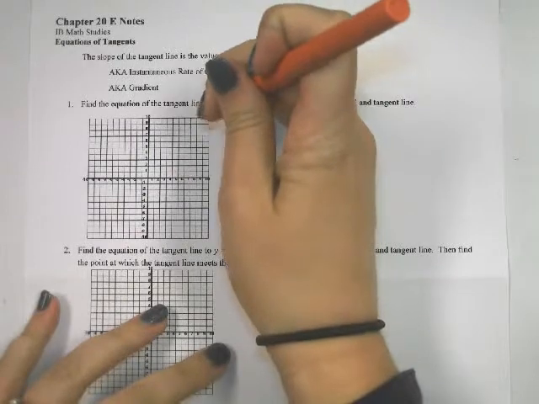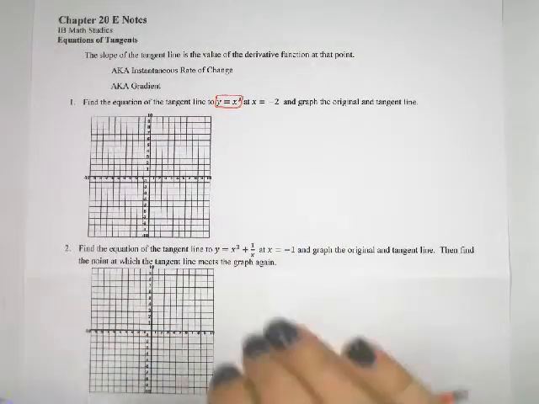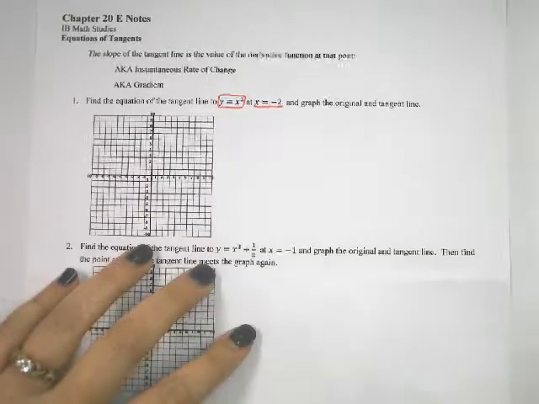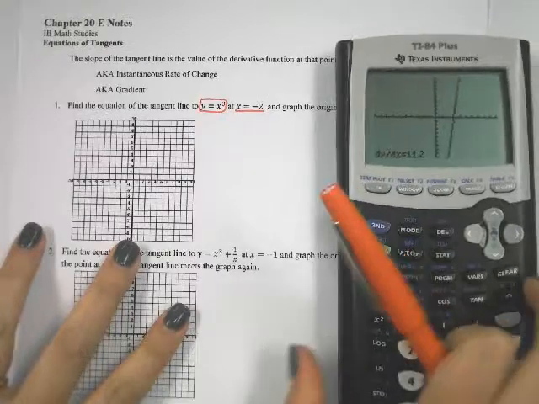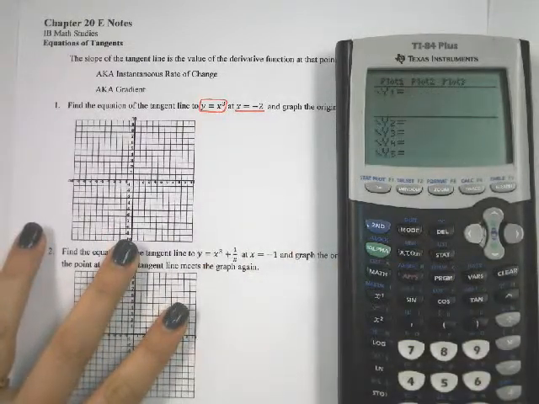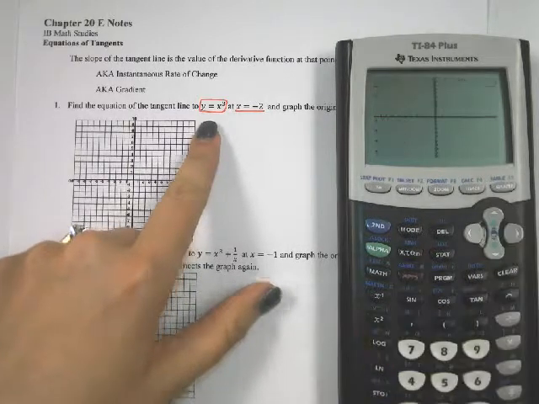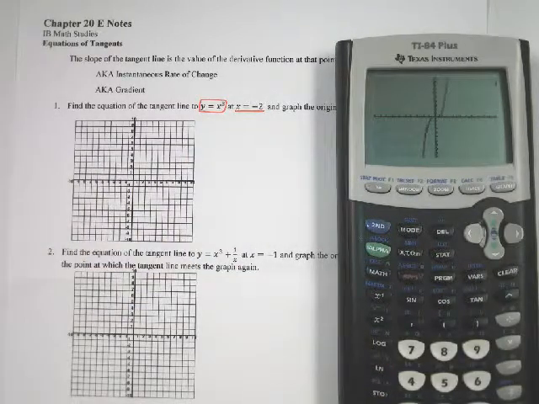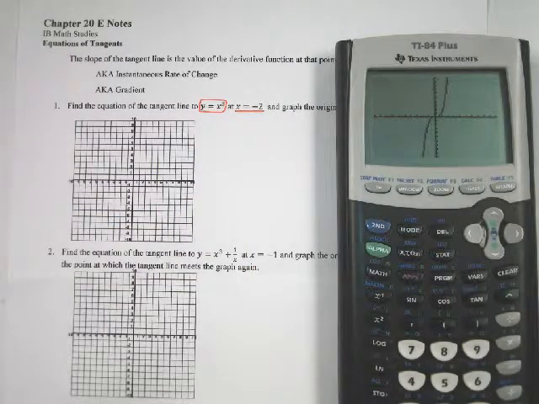So they want us to find the equation of the tangent line to this at this point. I would like to graph it so I have a good idea of what it looks like, so I can kind of see what I'm doing. So in my y equals, I'm going to type y equals x cubed. Graph it. There it is. I want to make a tangent line at -2.